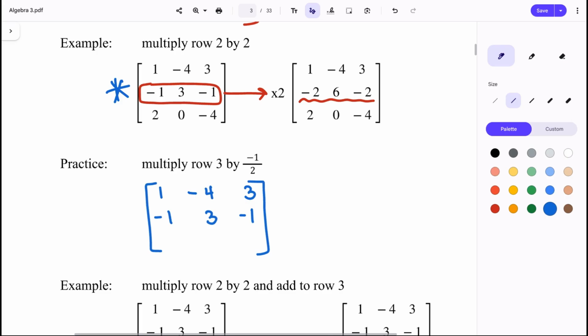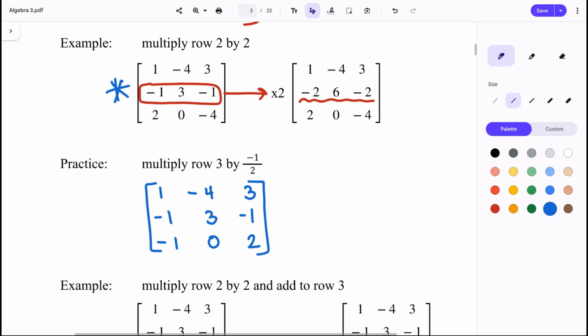You should only have taken the bottom numbers times -1/2. And what did you write? What's 2 times -1/2? -1. 0 times -1/2? You can get a -0, or it would just be 0. And then -4 times -1/2? 2. Okay, so that's another example of an elementary row operation.